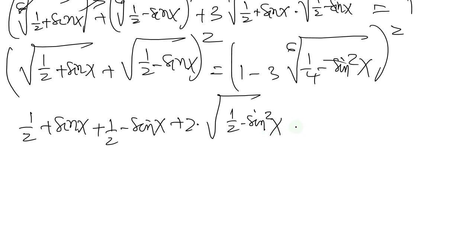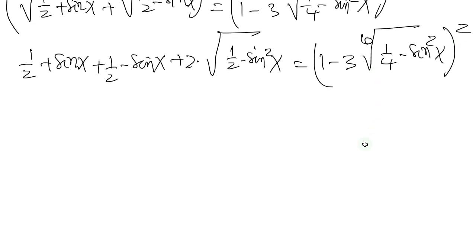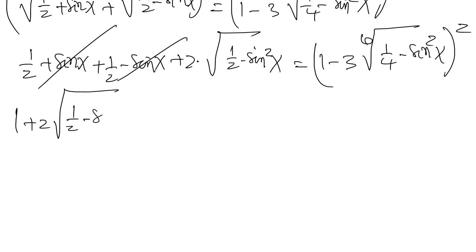And this equals, let me keep this here because of the space, 1 minus 3 times the 6th root of 1/4 minus sine square x, to the power of 2. So now this plus this is 1 plus 2 times the square root of 1/4 minus sine square x.